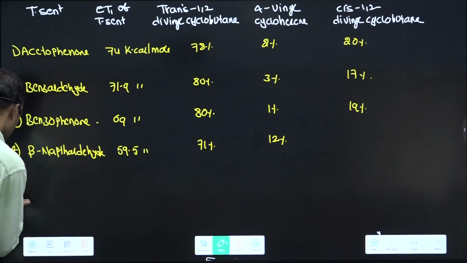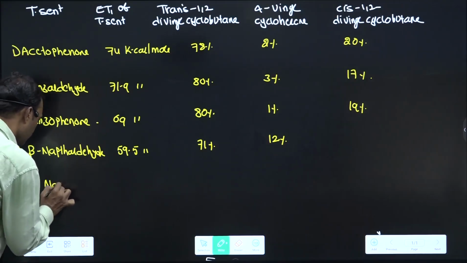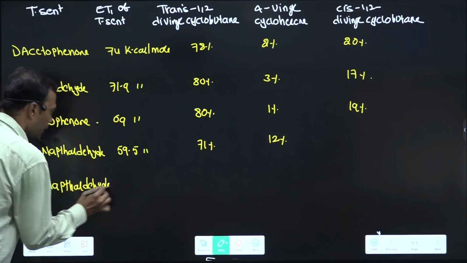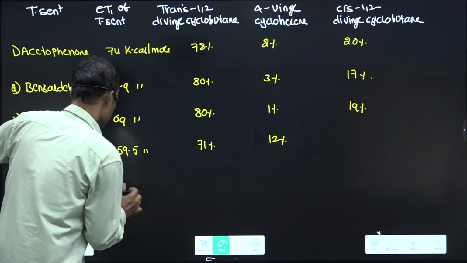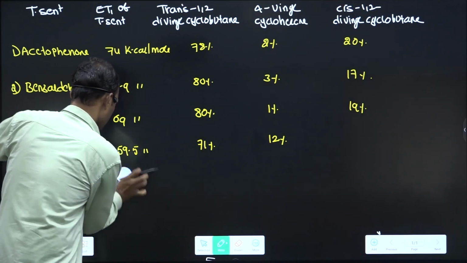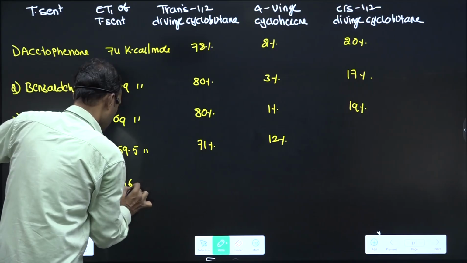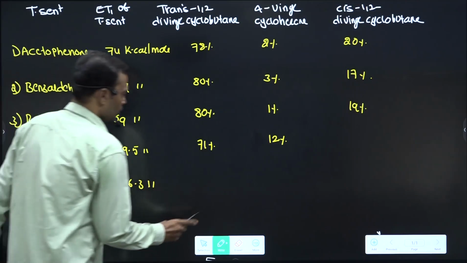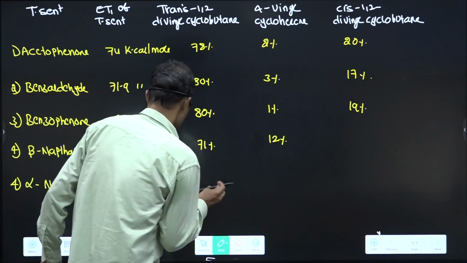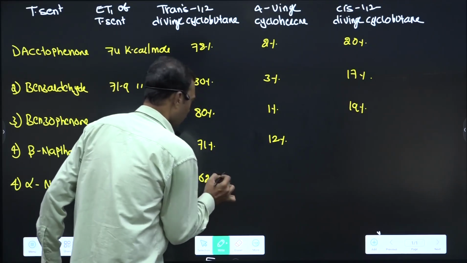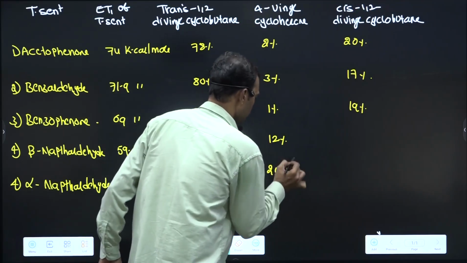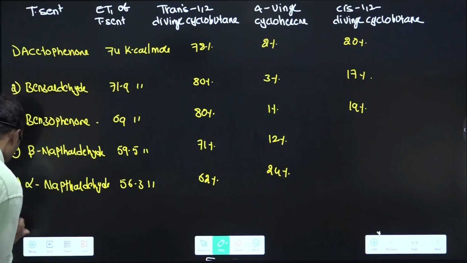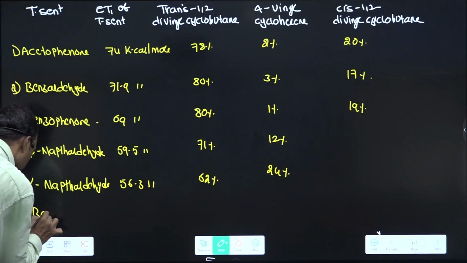Now alpha-naphthaldehyde. This value is 56.3 kilocalorie per mole. Now this is 62 and here it is 24%. 62, 24.